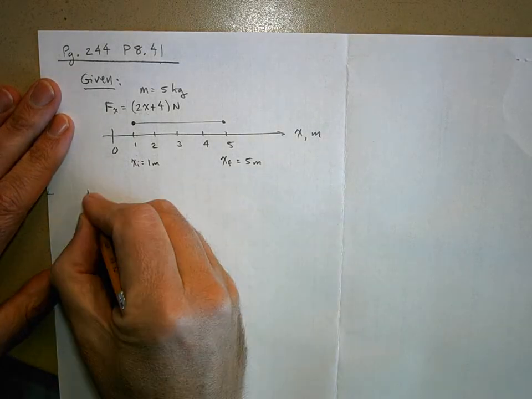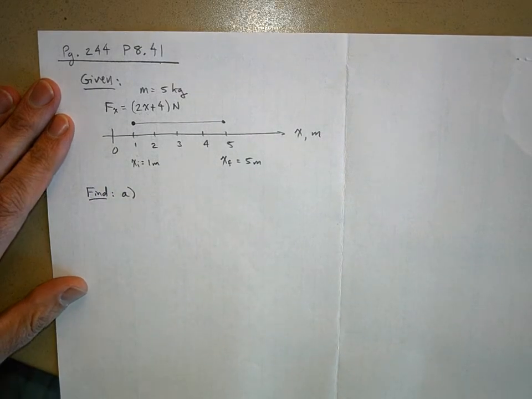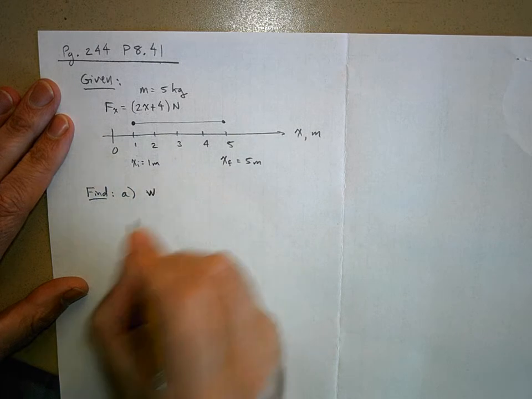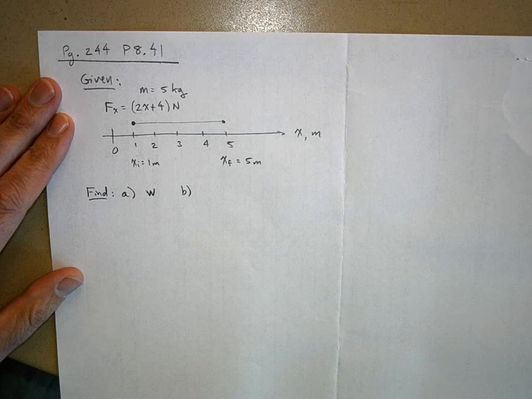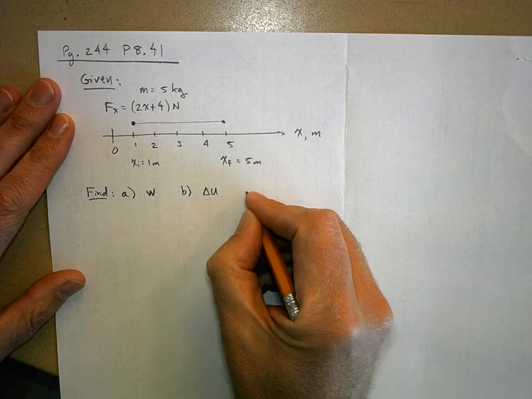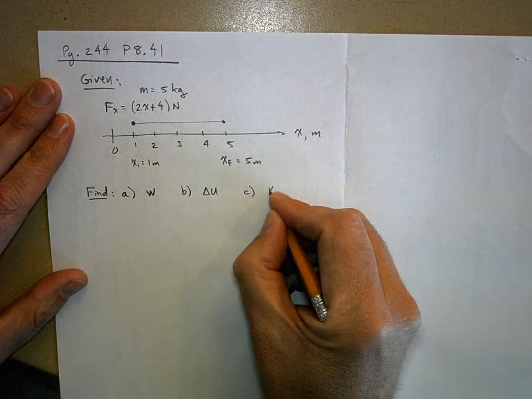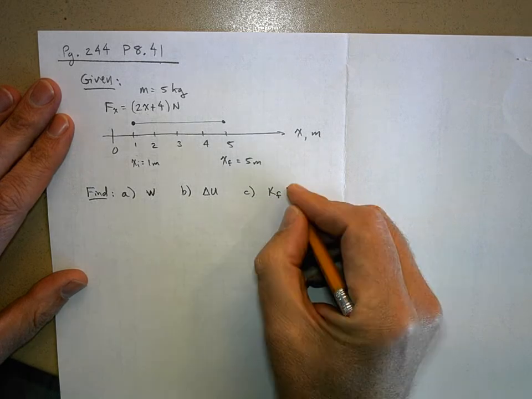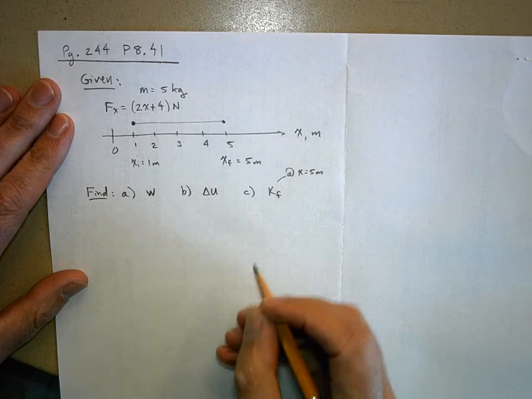And what are we trying to find? Well, for part A, we want to know what is the work done by this force. And then B, the change in potential energy of the system, so we want to find delta U. And for C, the kinetic energy of the particle at x equals 5, so we want K final, at x equals 5 meters.